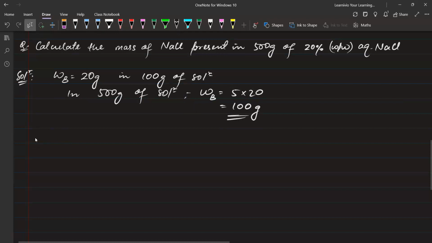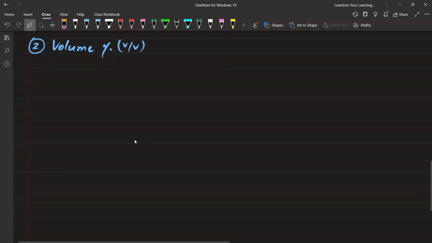A very similar case is for volume percentage, as V by V. So the formula is similar to what the mass percentage is. Volume of solute divided by total volume of the solution into 100.